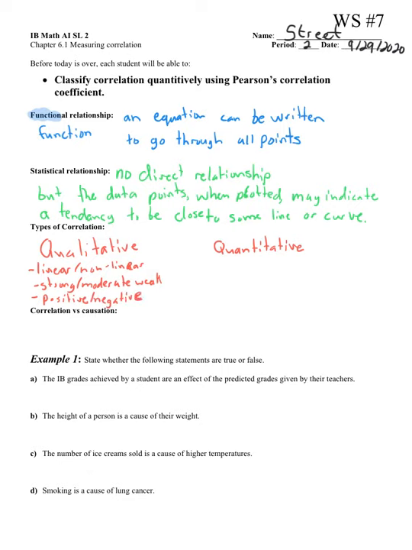That's what qualitative's all about. Quantitative is putting math into it, putting numbers behind the strength of correlation.